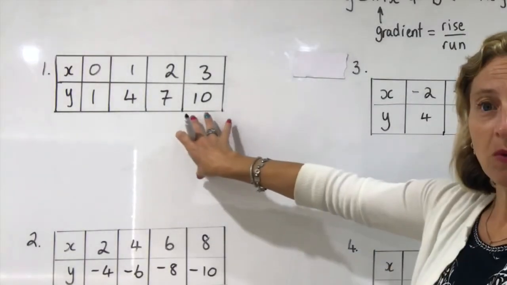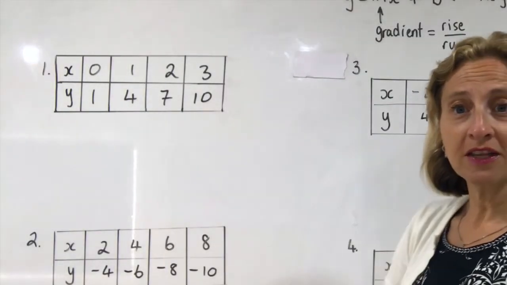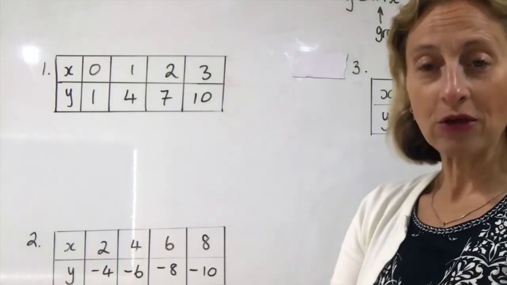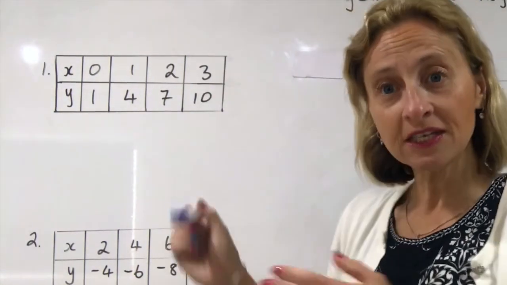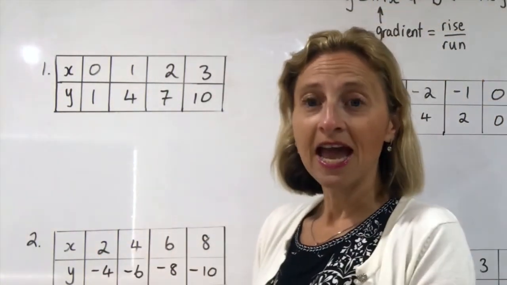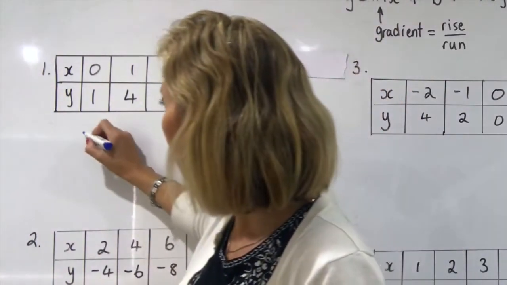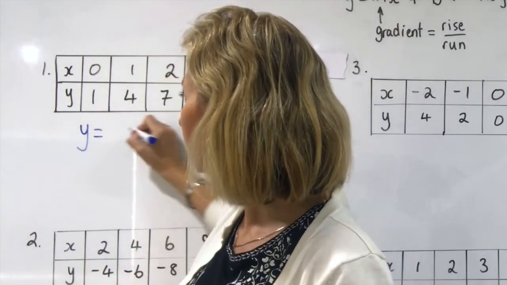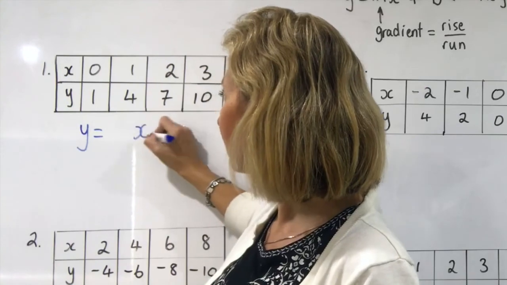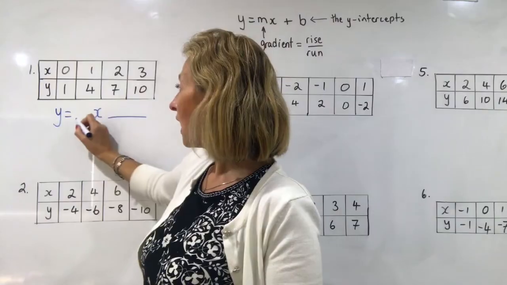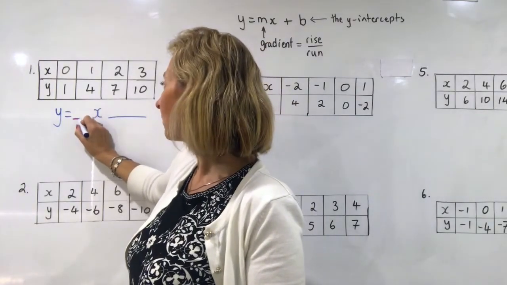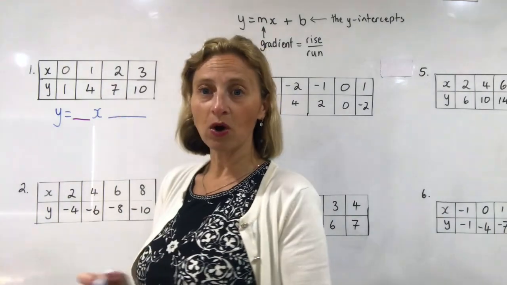If we have a look at number 1, the first thing that I'd like to write down is the equation of a line, because I know that this equation is a line and I know that it should have the form y equals something x plus something. I know that my line will have a gradient and then a y-intercept.